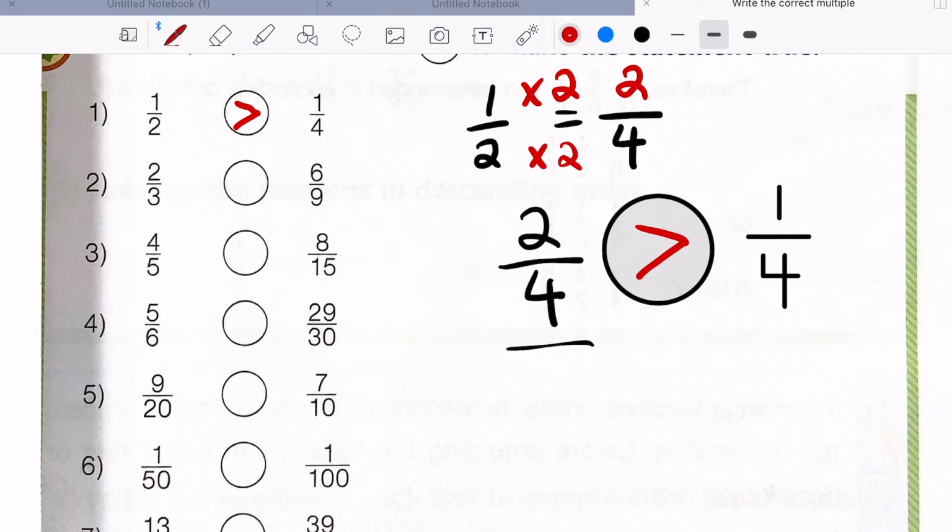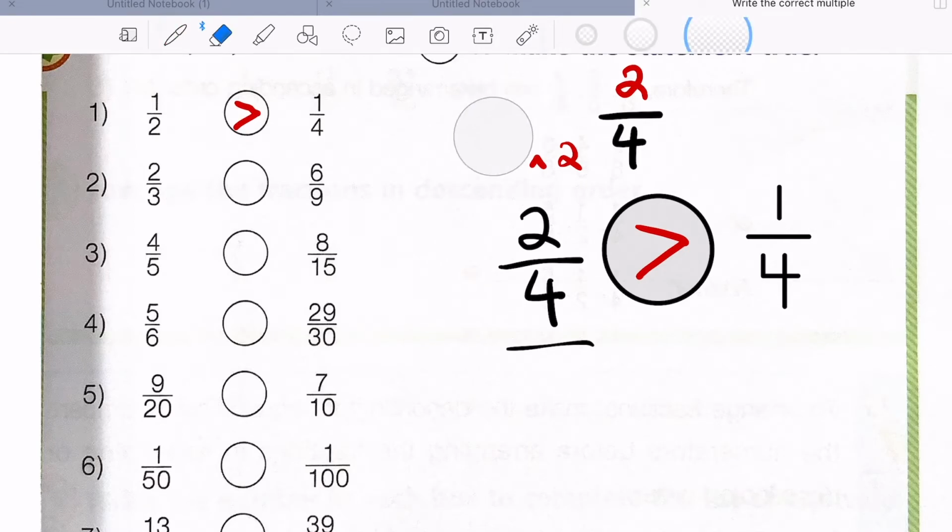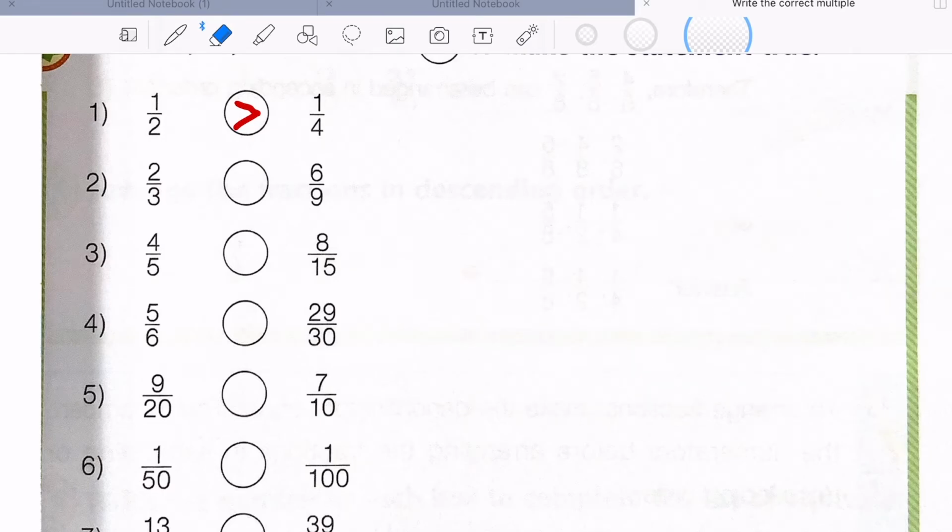All right, let's take a look at number 2. Let me erase this. 2/3 is what compared to 6/9? So we have to turn this 3 into a 9.